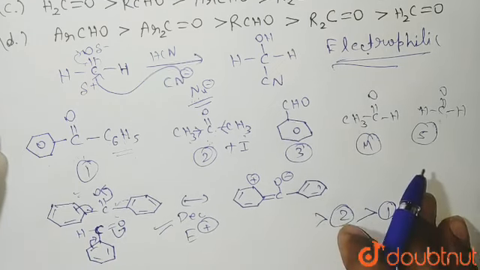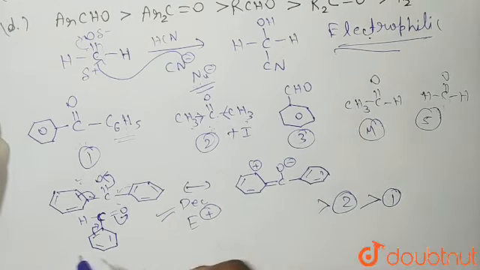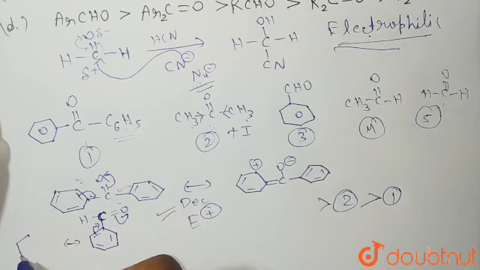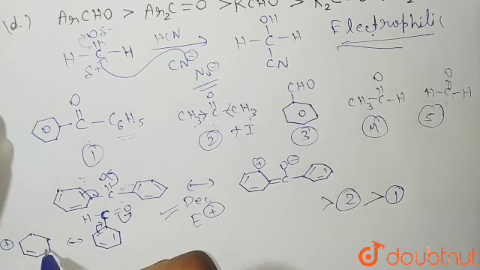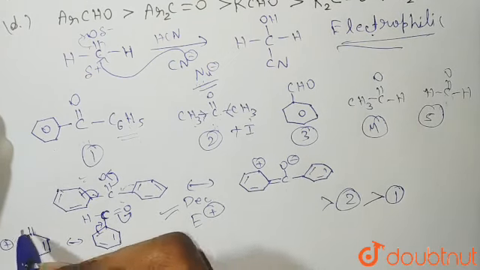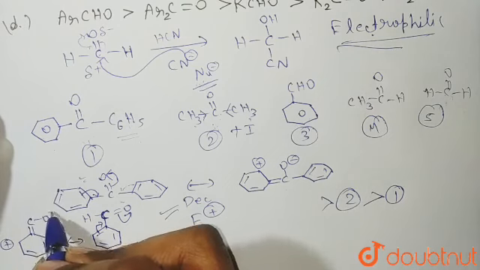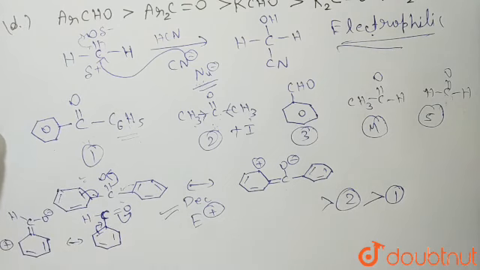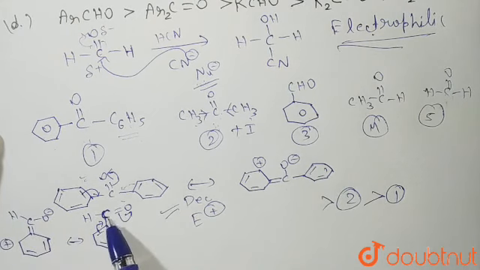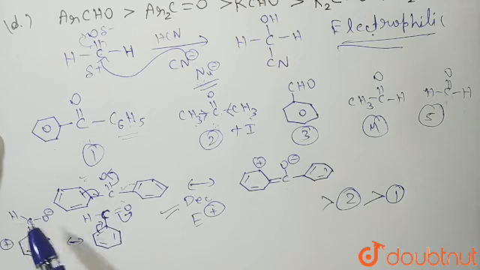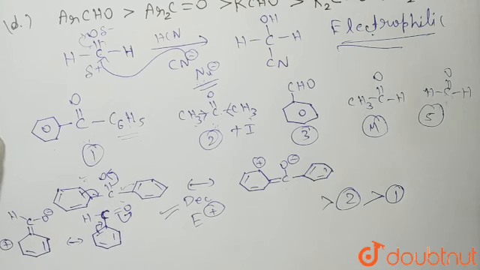And thus we will get a resonating structure like this, a positive charge here, double bond, single bond, double bond, C, O minus and H. So again, the electrophilicity decreases, because benzene is giving electrons via resonance to the carbonyl carbon and thereby decreasing the electrophilic character.